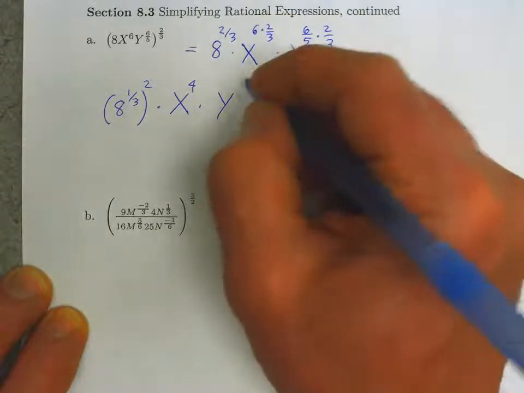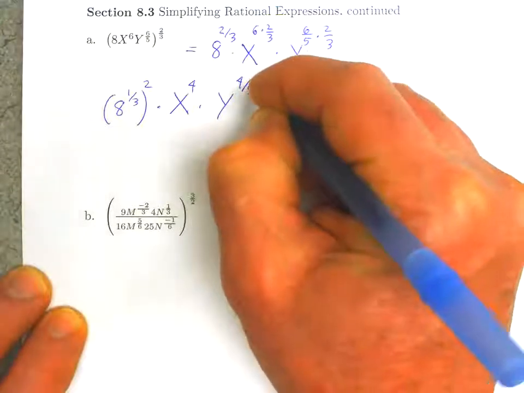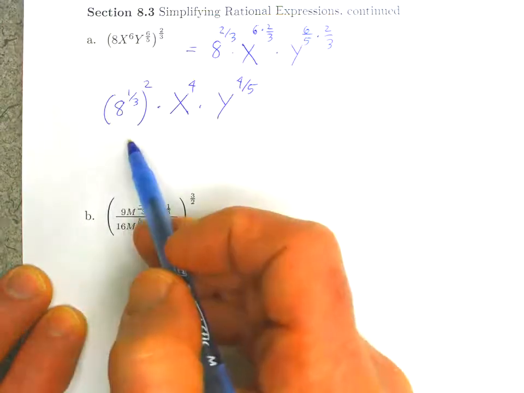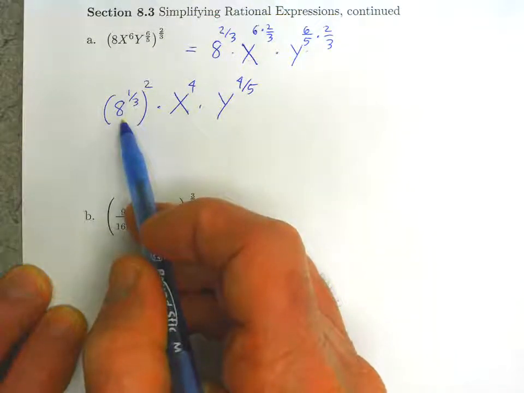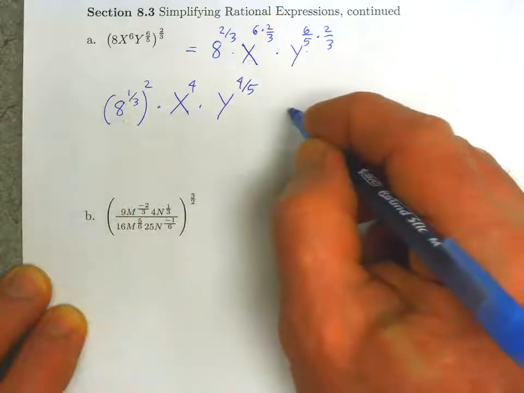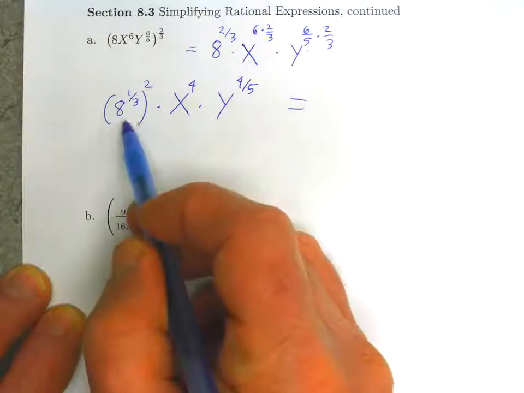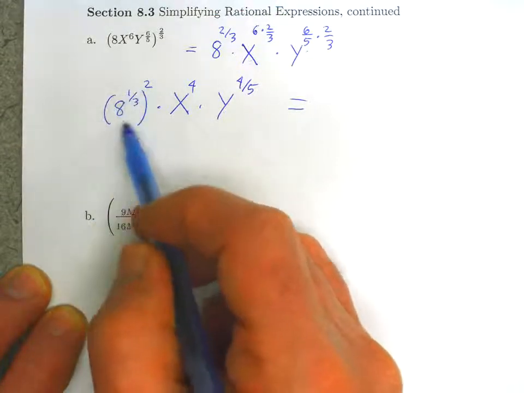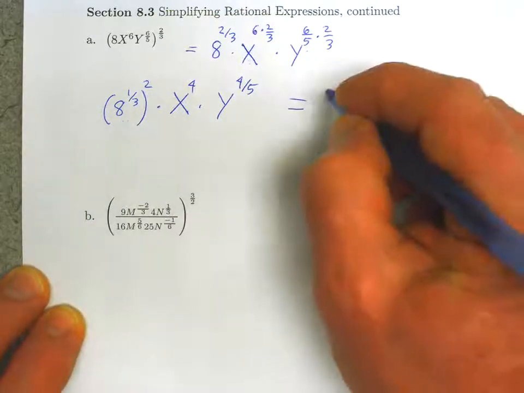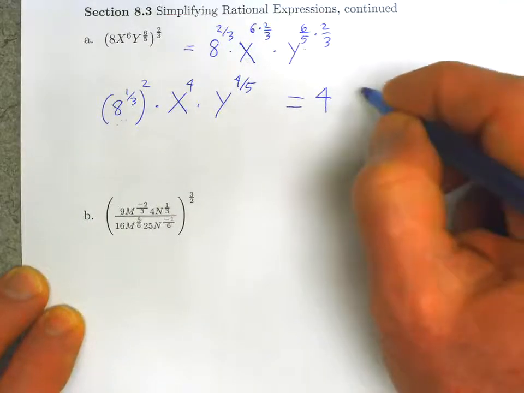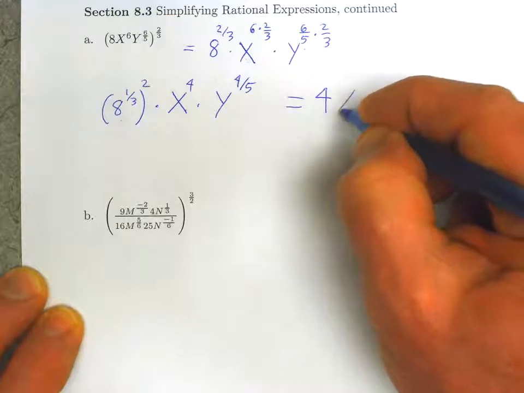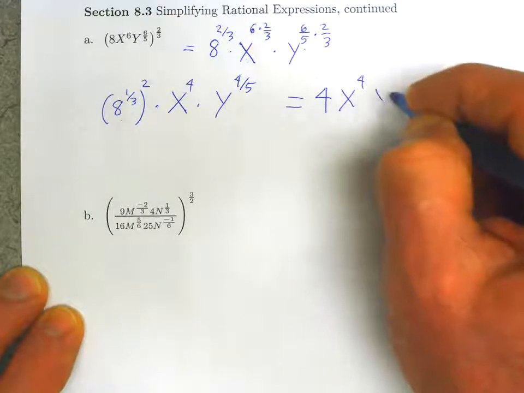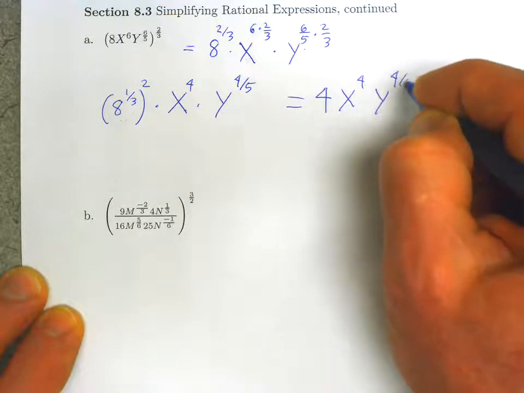So we get y to the 4/5. Okay, just a couple more steps. 8 to the 1/3, the cube root of 8 is 2. Maybe we'll just do it all at once. This is going to simplify to 2, and then 2 to the second is 4. So our final answer is 4x to the 4th times y to the 4/5.